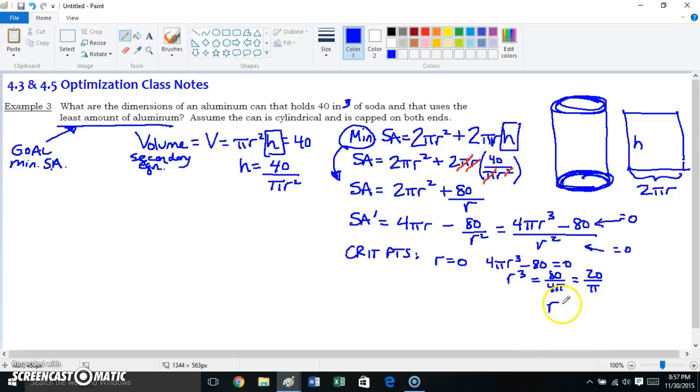All right, and so r is equal to the cube root of 20 over pi. We could use our calculator to estimate what that is. That's about 1.853 inches.